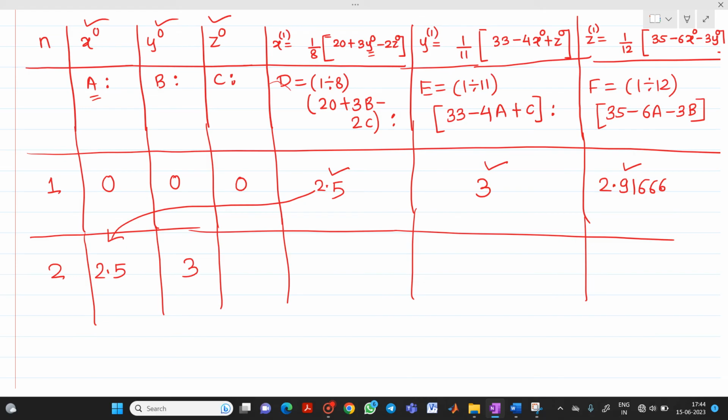You need to take it as x0 for the next iteration. In a simple way, whatever answer you get at the end of iteration 1, treat that answer as the initial approximation for iteration 2. So I am writing it as 3 here, and I am writing it as 2.91666.